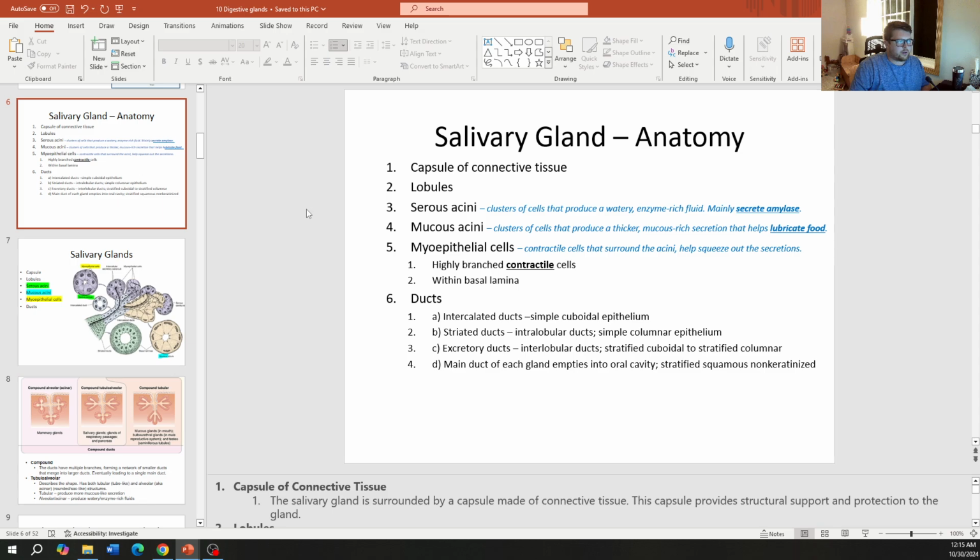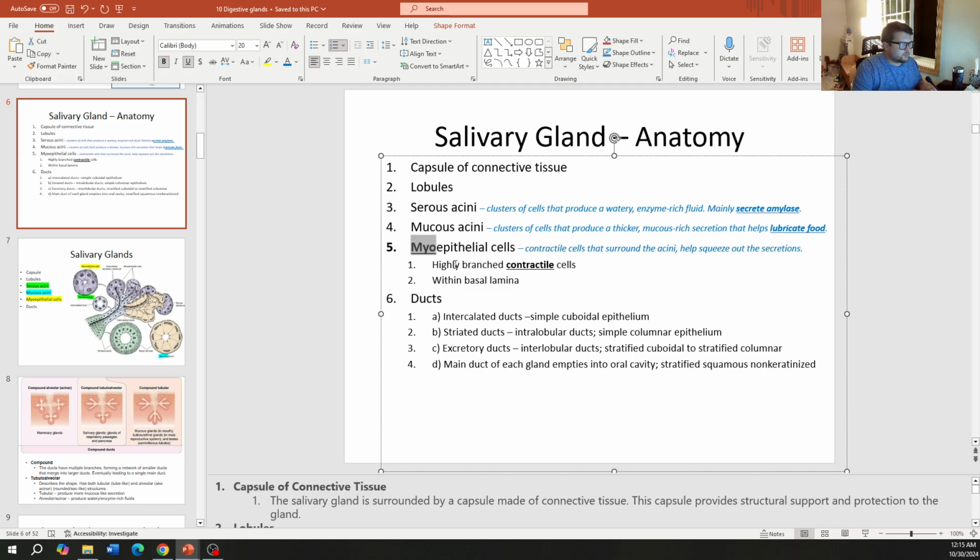We're going to see a couple of different types of cells: serous acini, mucus acini, and then myoepithelial cells. Remember that root word myo. Myo refers to muscle, so these are going to be muscular epithelial cells, okay?